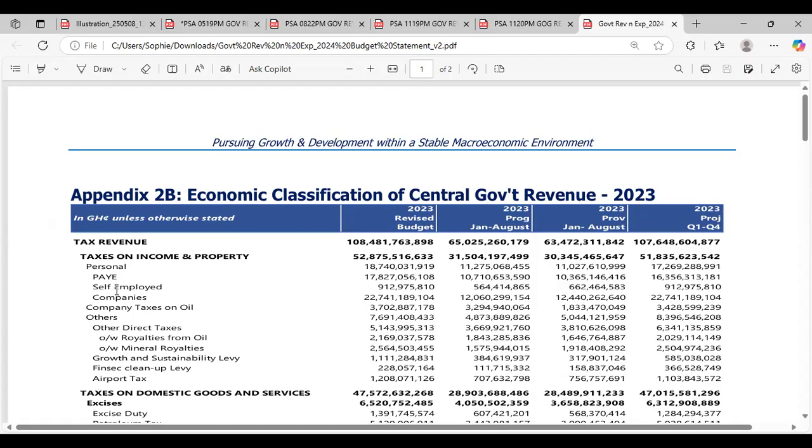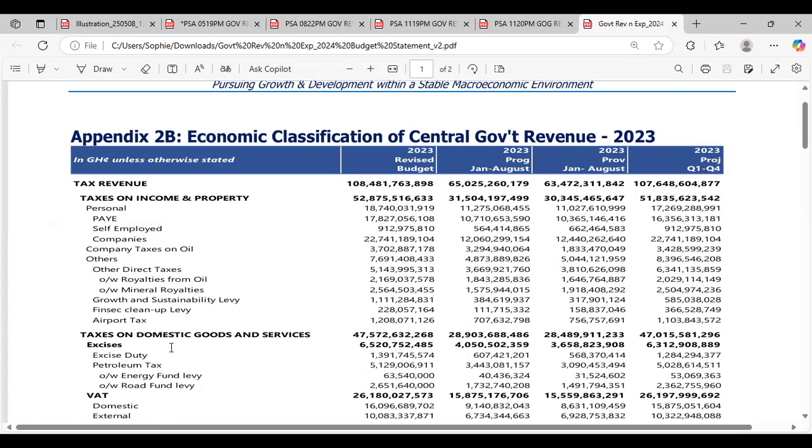Some of the items you are seeing here, personal income tax, PAYE, self-employed, companies, these are the items you see in the trial balance. All the examiner seeks to know from you is how, in your workings or in your notes to the accounts, you will be able to classify these items into direct tax and indirect tax.